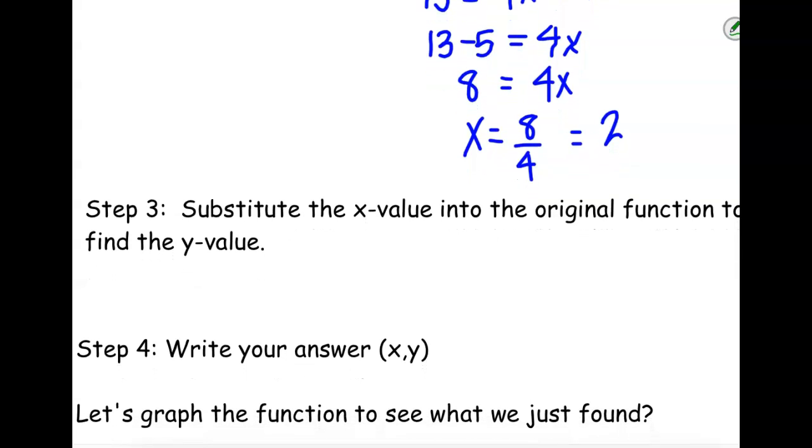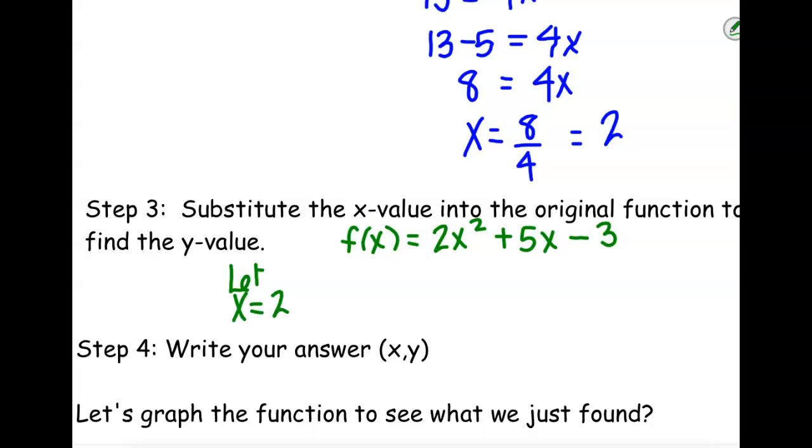So here's your f of x, your original function, 2x squared plus 5x minus 3. And we're going to let x equal 2. So f of 2, replace the x with 2 squared plus 5 times 2 minus 3. And then we simplify it.